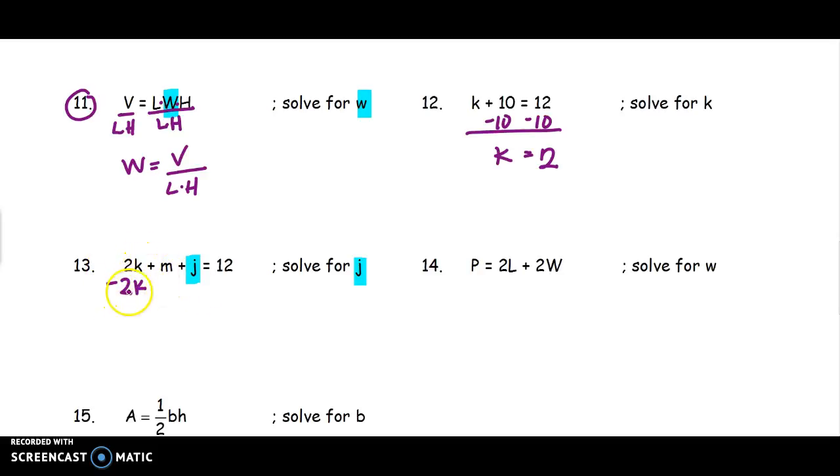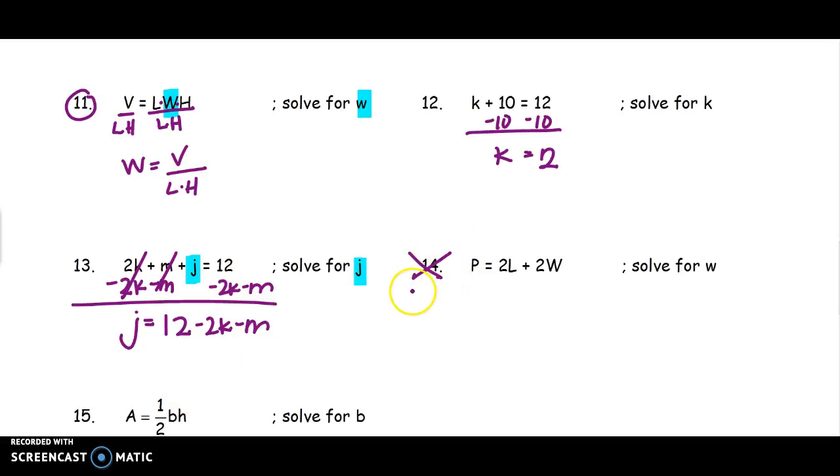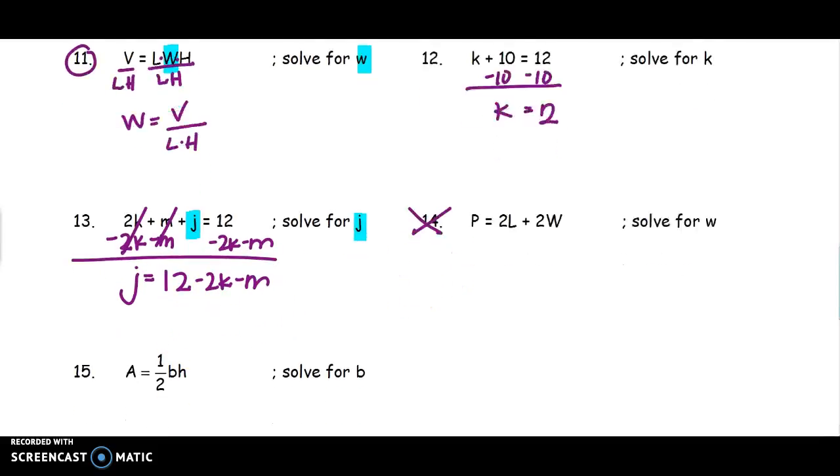So we have to subtract 2k and subtract m from both sides. Again, you can do more than one at one time, which leaves your j alone equals 12 minus 2k minus m.